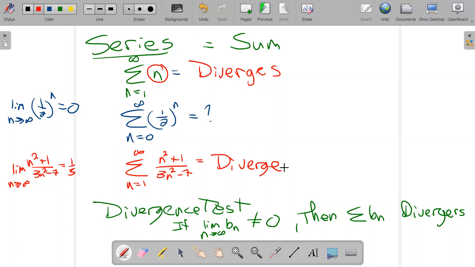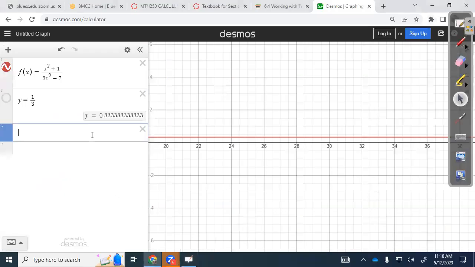And you could add them up to see. Sums are a little easier to do in a calculator like Desmos than sequences are. So just for fun, I'm going to test this out. Sum as n goes from 1, I can't go to infinity, I'll go to 10 for now, of that fraction, n squared plus 1 over 3n squared minus 7.